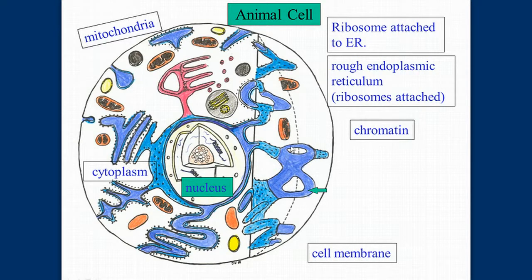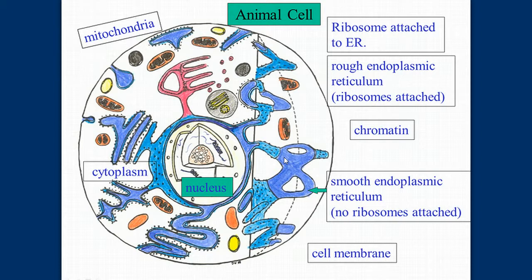This would be the smooth endoplasmic reticulum. Here we have ribosomes attached to the ER, and the cell membrane controls movement of things into and out of the cell, and also maintains the integrity of the cell, the shape of the cell.